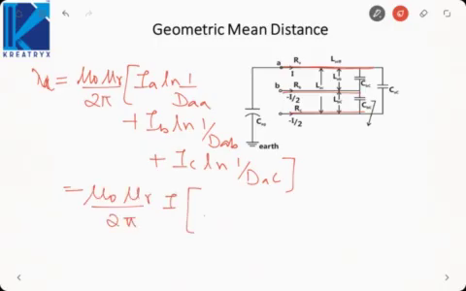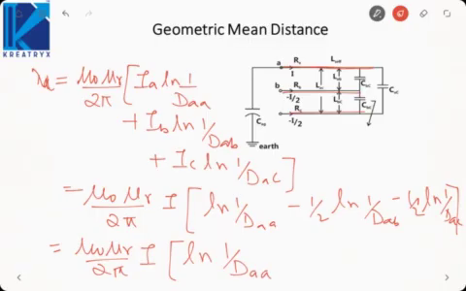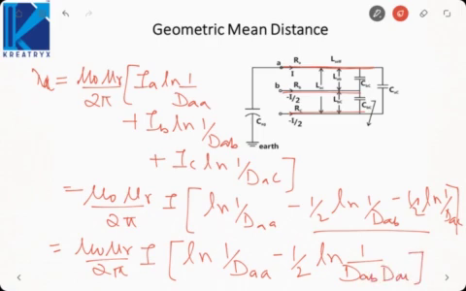Let us take I common: ln 1 by daa minus 1 by 2 ln 1 by dab minus 1 by 2 ln 1 by dac. Okay, so it will be mu naught mu r by 2 pi into I ln 1 by daa, and if we combine these two terms, minus half ln 1 by dab dac.